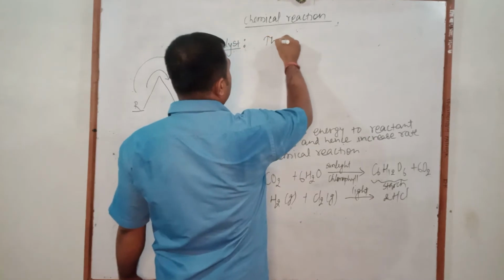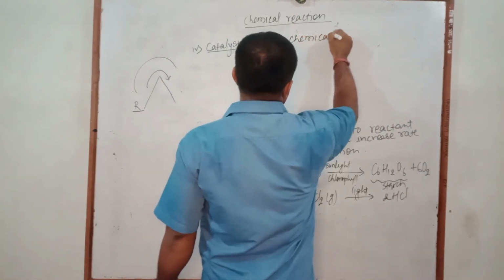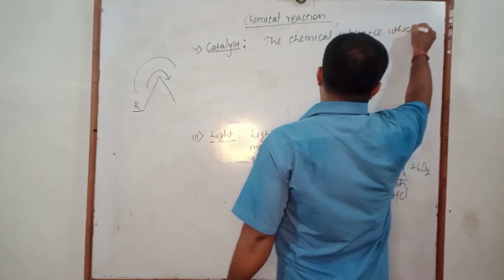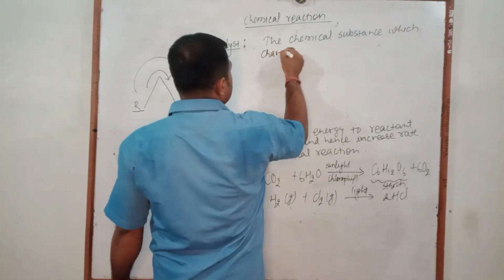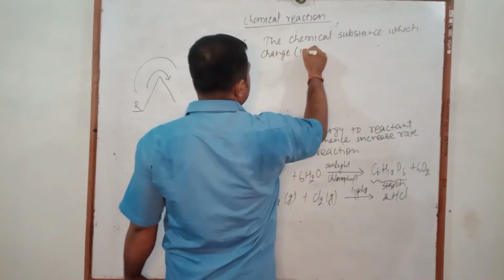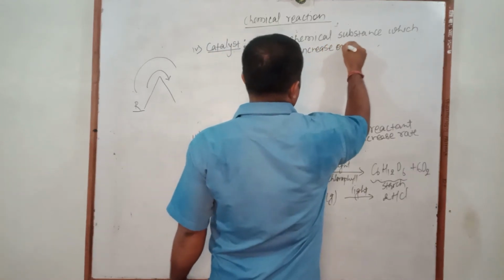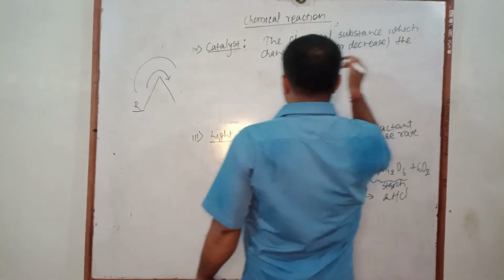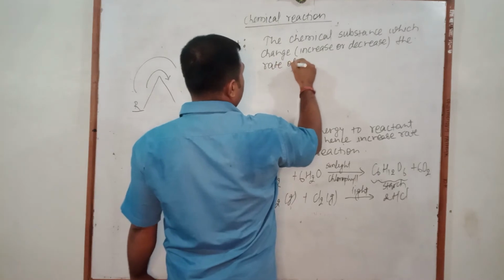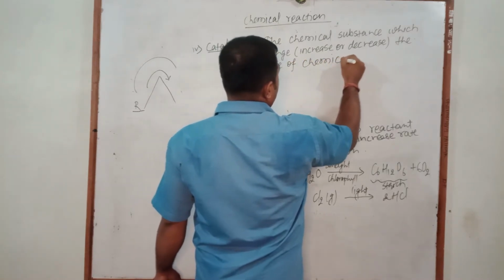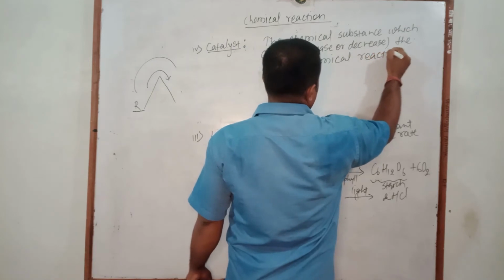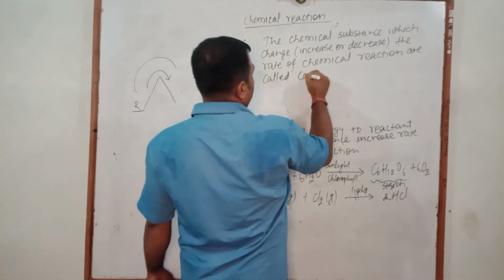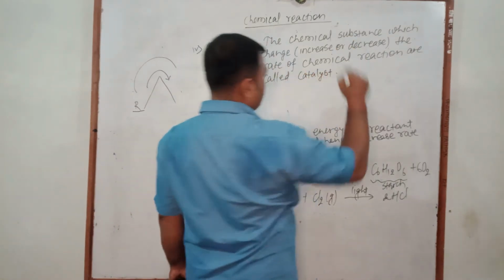Here we write: the chemical substances which increase or decrease the rate of chemical reaction are called catalysts.